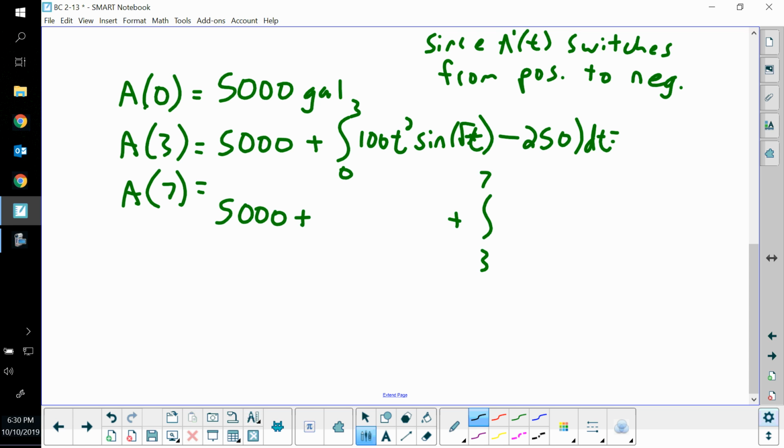So again, in this blank here, you'll put whatever answer you got for A of 3. This will then be 100 t squared sine square root of t minus 2,000 now in this case. And we'll see what that gives us.